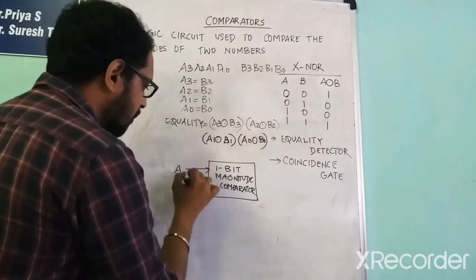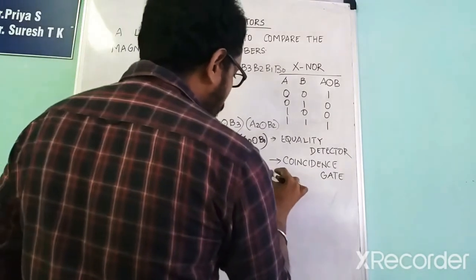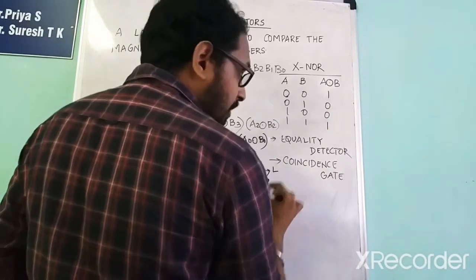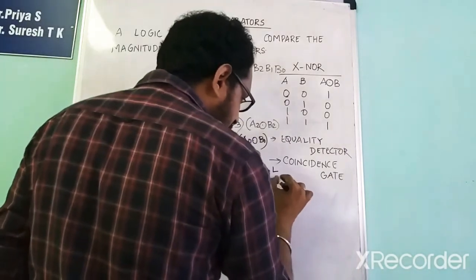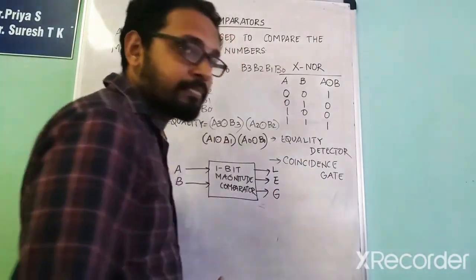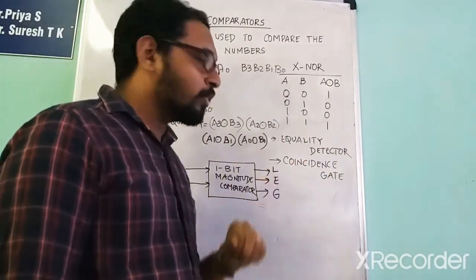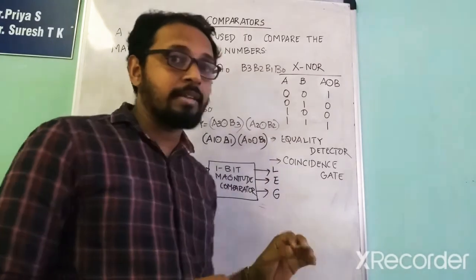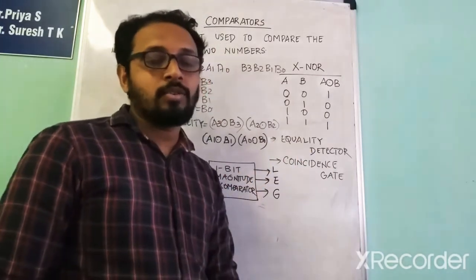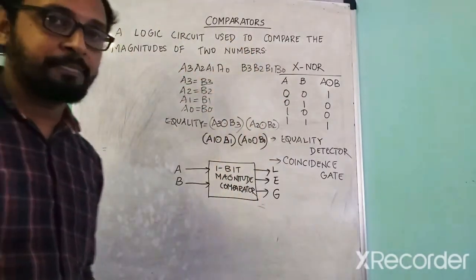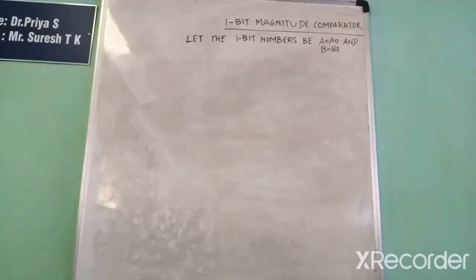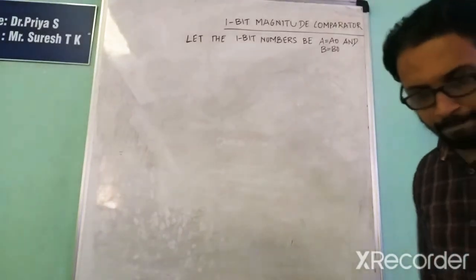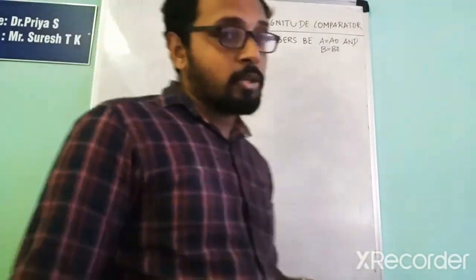There are 2 inputs, A and B, and the outputs can be less than, equal to, or greater than: when we compare A and B, A can be less than B, A can be equal to B, and A can be greater than B. L stands for less than, E stands for equal to, G stands for greater than. This is the design of the 1-bit magnitude comparator.